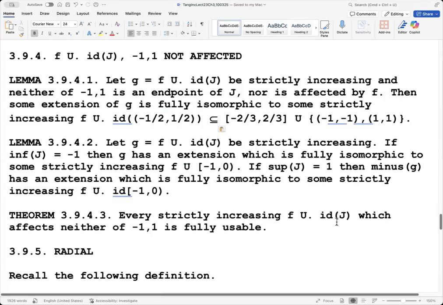Therefore we get that every strictly increasing f which affects neither of minus one, one is fully usable. And that's a good solid sufficient condition.